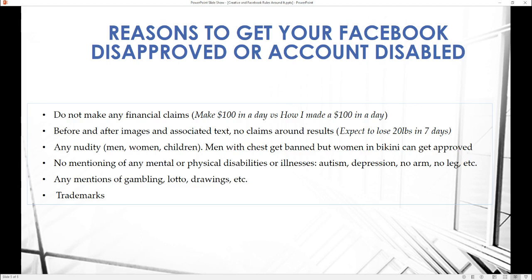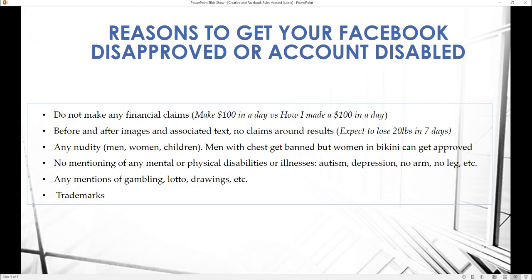You could say how I lost 20 pounds in 30 days with this gym, right? So it's just word playing. Facebook knows that, but again, there's much more to that than just word playing. It's also psychologically how it affects your audience and what actions you want them to take.